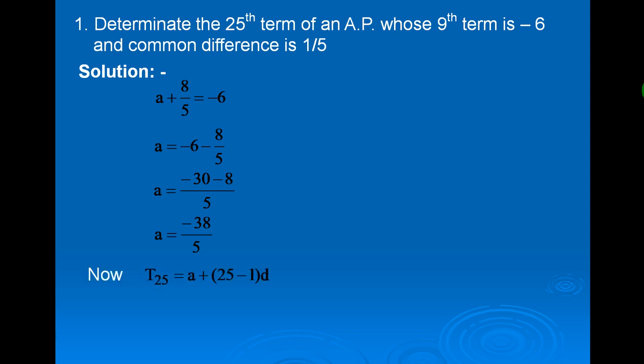Now T25 is equal to A plus (25 minus 1) within the bracket into D, because T25 we have to find. Now A is equal to -38.5.